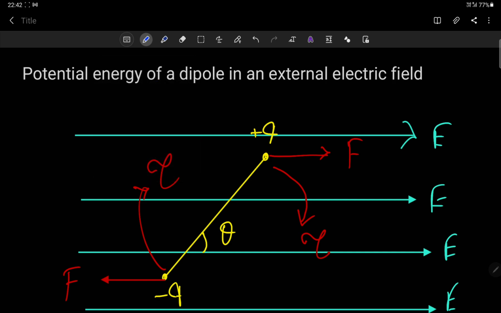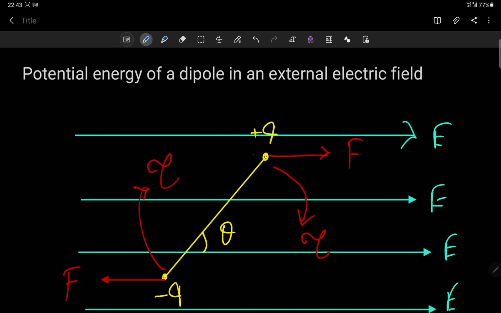To find out the work, here we do not have any external force, so first we have to apply an external force or torque, because look, here the net force is 0. Ultimately a torque is acting on this dipole, because the net force is 0 but there is a torque, and since the dipole is rotating, you have to apply a torque, not a force.